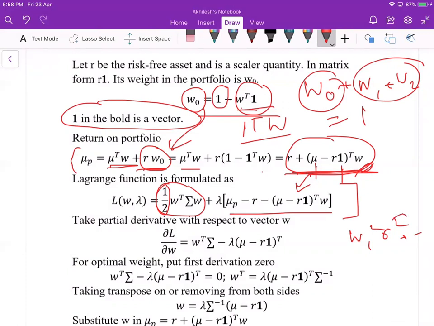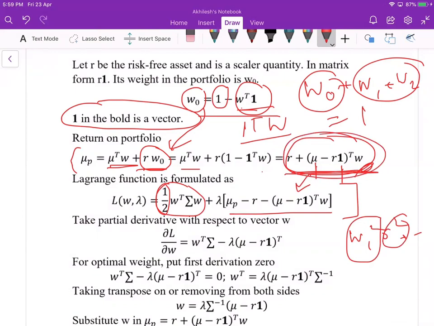This is constant, and when you differentiate w1 square, 2w1, to cancel out 2 and 2, just multiply by half and nothing else. So half into this variance plus lambda into the mu minus this term. Okay, this is the way you can construct the Lagrangian function.